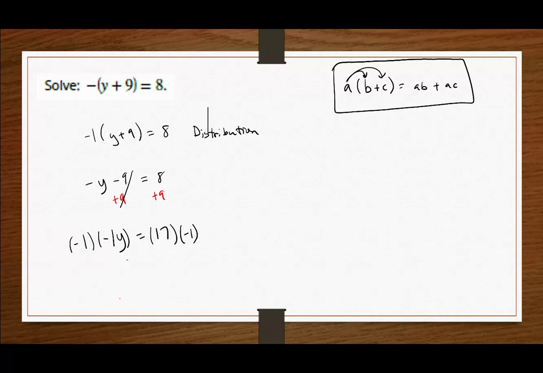So -1 times -1 gives me +1y. -1 times 17 is -17. Regardless of whether I use the division or multiplication process here, I will end up with my variable isolated, with a numeric value on the right-hand side for the solution: y equals -17.